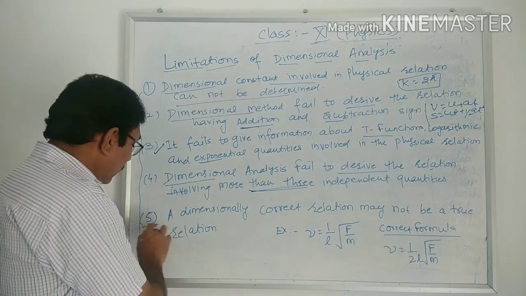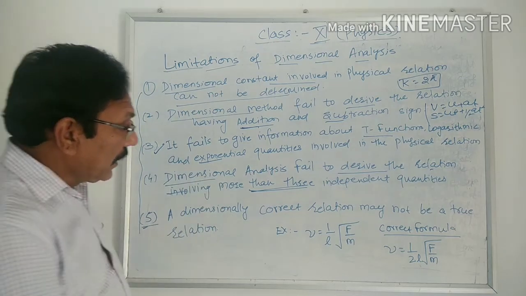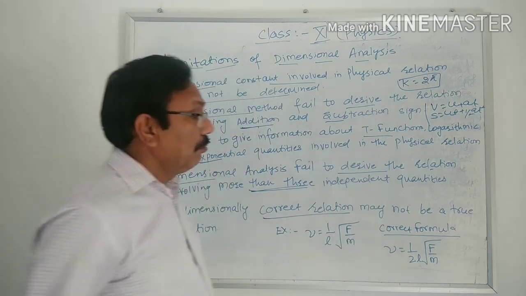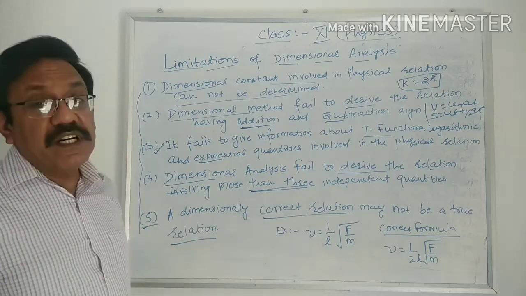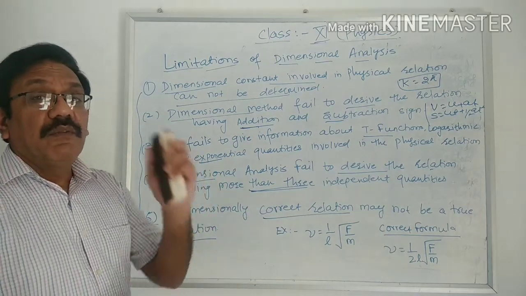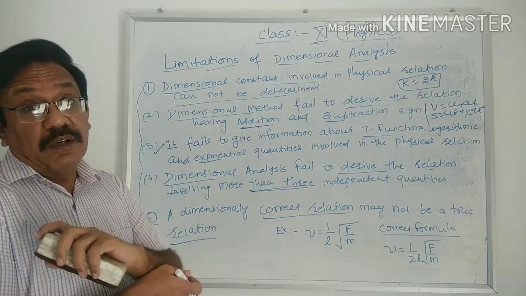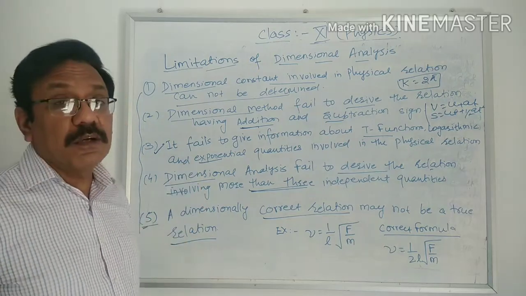Last but not least, a dimensionally correct relation may not be a true relation. A physical relation may be given to us which is dimensionally correct, but it is not 100% correct.